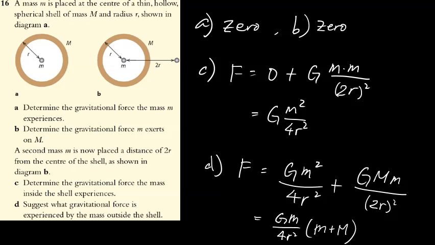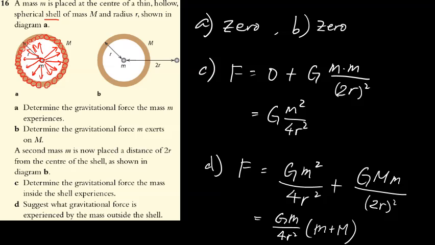Second question is very interesting. If you look at diagram A here, basically you can interpret this shell as if a lot of particles. These particles acting on the middle sphere would have gravitational force, and all of them would attract the middle mass small m towards each of them equally, since it should be a uniform density.